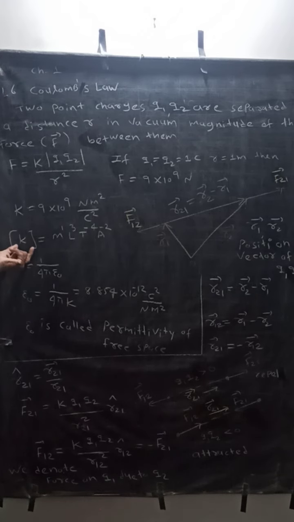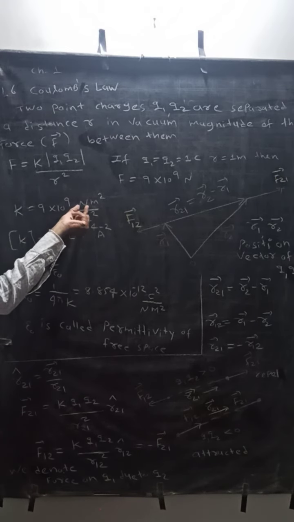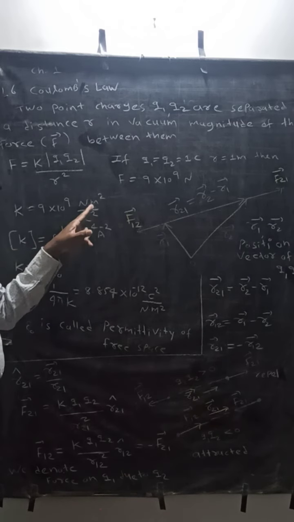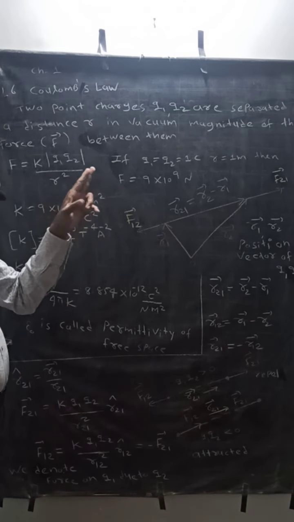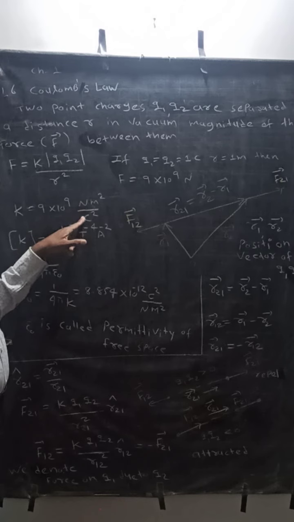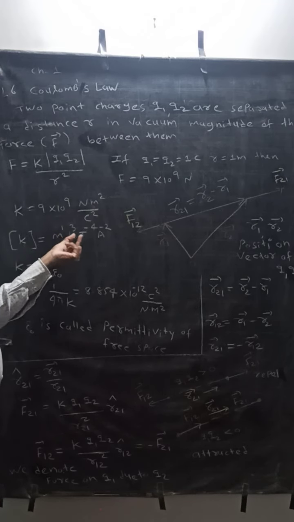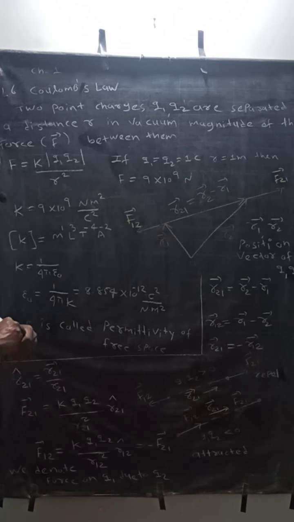The dimension of K: Newton's dimension is M1, L1, T minus 2. Meter square means L2, Coulomb square is T2, A2. So the dimension of K is M1, L3, T minus 4, A minus 2.